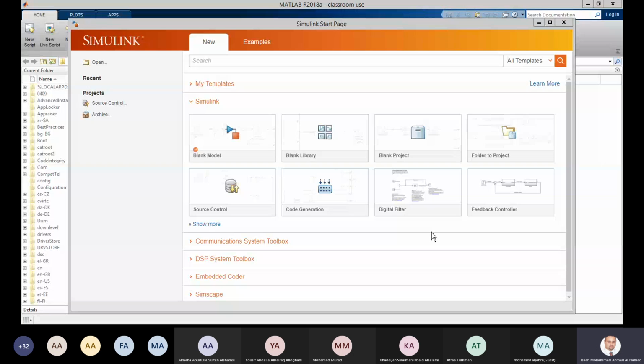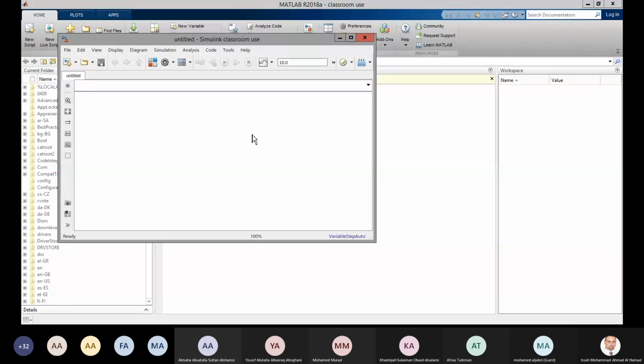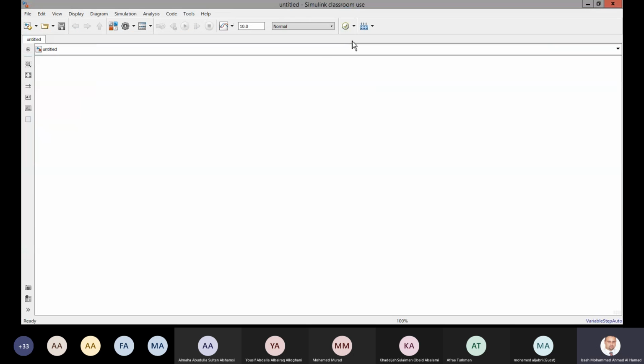Okay, so once you type Simulink, you will go to this screen. You press on, for example, let's go for a blank model. Okay, can you see my Simulink screen now? Yes, doctor. Okay, very good.